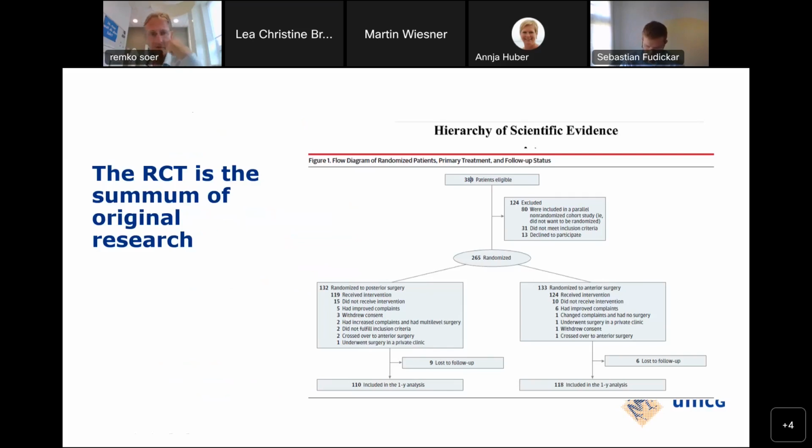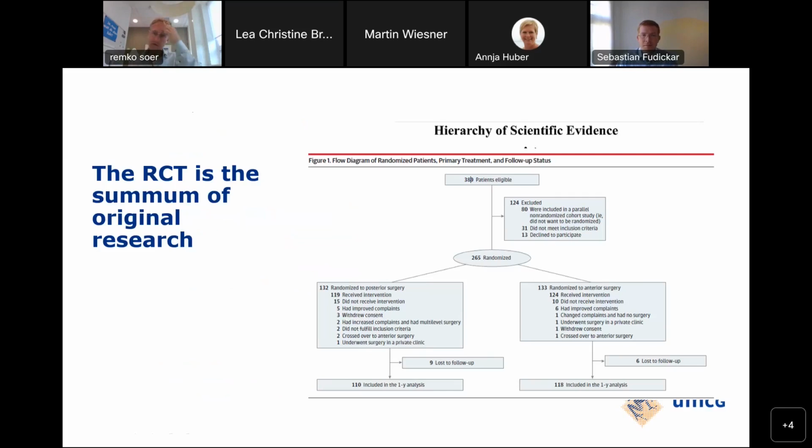And for those not familiar with randomized controlled trials, basically what you want to do is compare different groups to each other. And usually those groups are based on a different intervention. So what we did here, we wanted to compare whether surgery on neck herniation would be beneficial from the front instead of doing the surgery from behind.